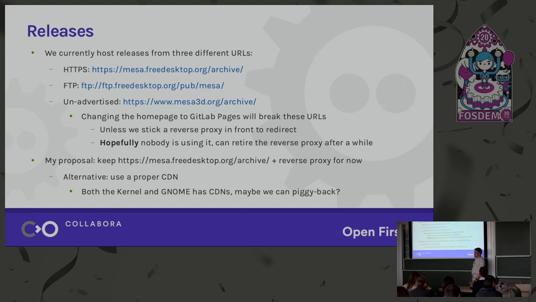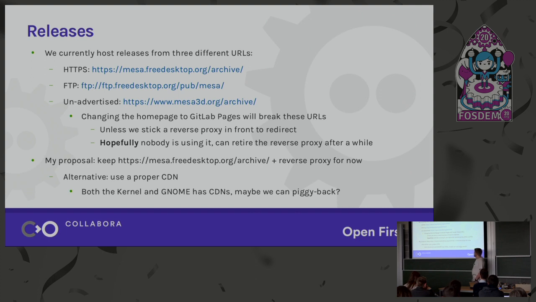So maybe we're lucky and no one actually has a script that downloads from that unadvertised mesa3d.org/archive link, which is what requires the reverse proxy thing I talked about before. I think we need to do some logging to figure out if that is the case or not.